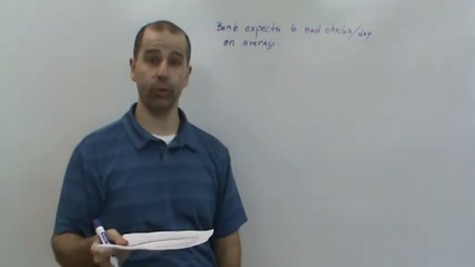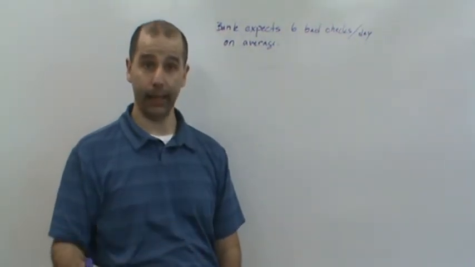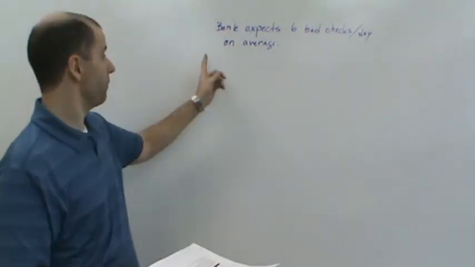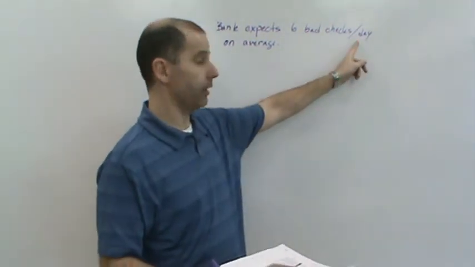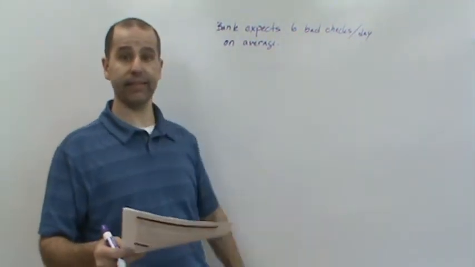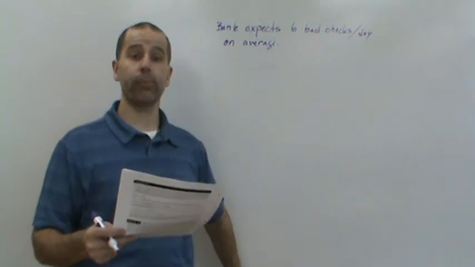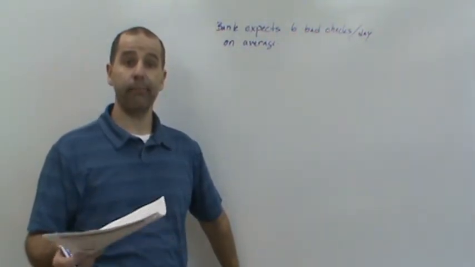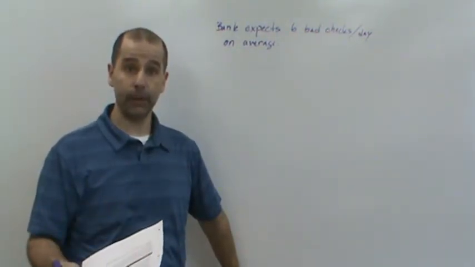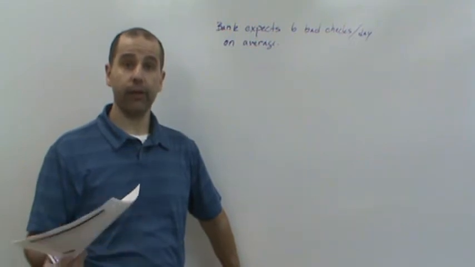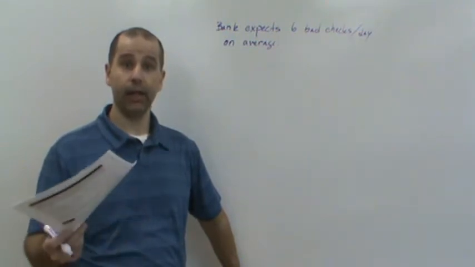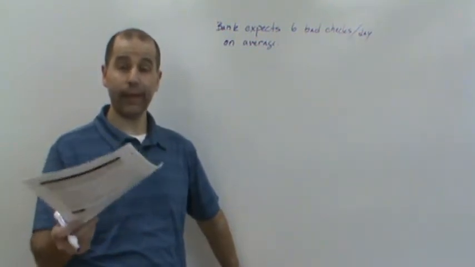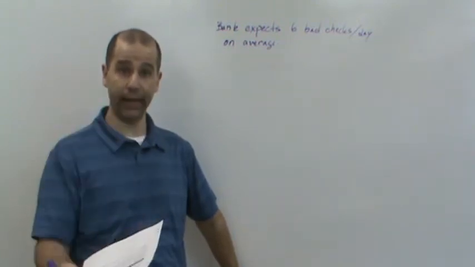So what's the interval? What's the fixed interval? 1 day, right? Because the average is per day, and they're asking what is the probability that a bank will get fewer than 5 bad checks in a day, right? So right there it's telling you what the interval is. It's 1 day.